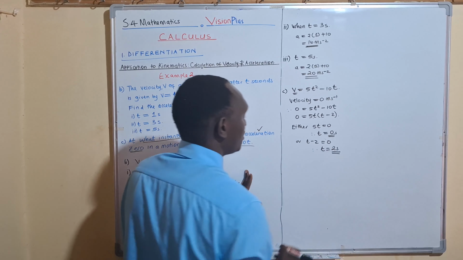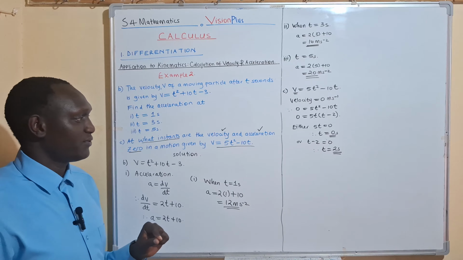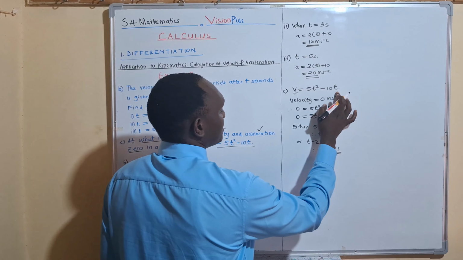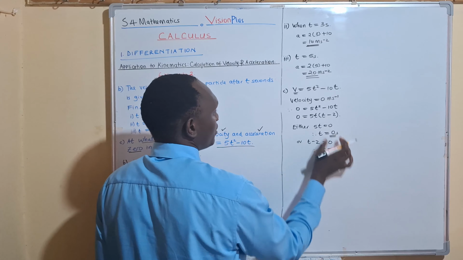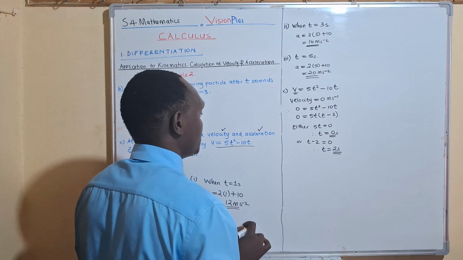Okay, now for the two values of t, the velocity is 0. How? If we substitute for t as 0 here, we find that v equals 0. If we substitute for t as 2 in the expression for velocity, we find the velocity is 0.